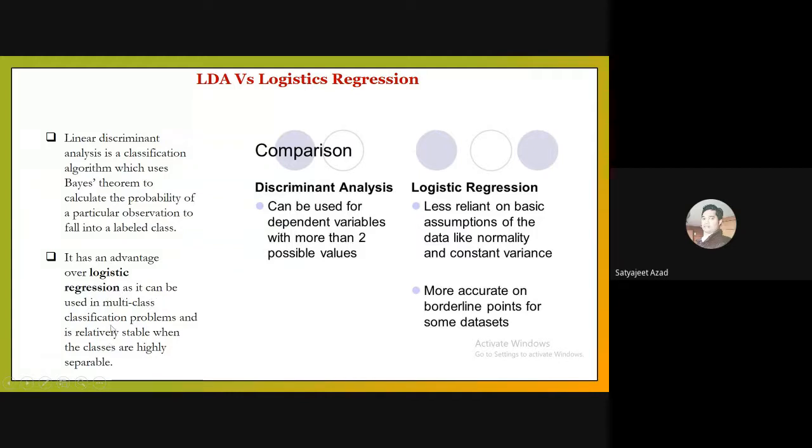That is why this is very important, and also stable because classes are highly separable in linear discriminant analysis. That is why most researchers prefer linear discriminant analysis over logistic regression, because logistic regression is a basic ML technique, which requires less training time for the data set. It's such a basic ML algorithm basically.